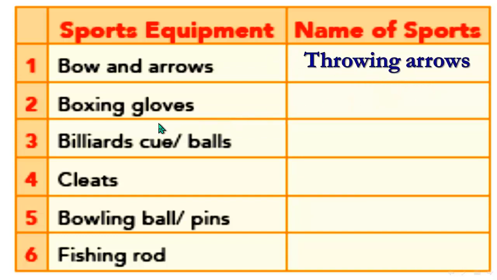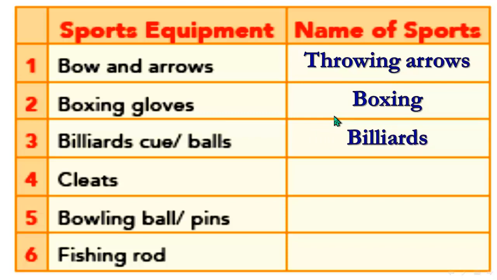Number 2, boxing gloves. So the name of this sport is boxing. Number 3, billiards cue or balls. So the name of it, billiards.